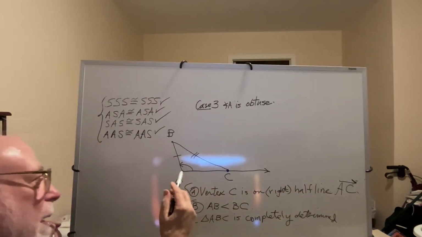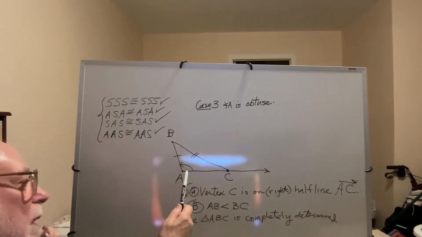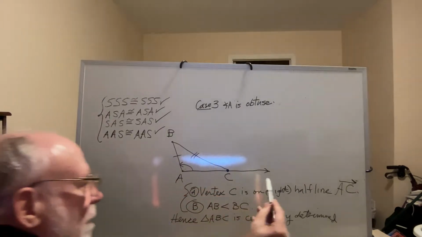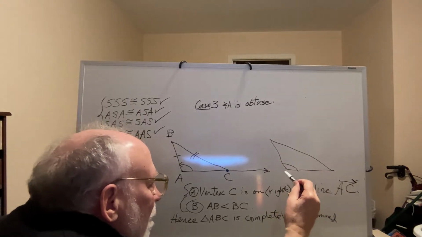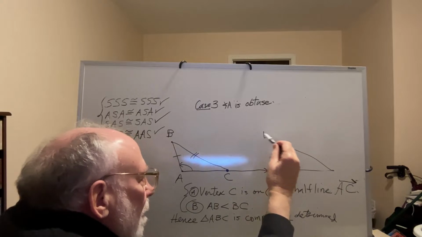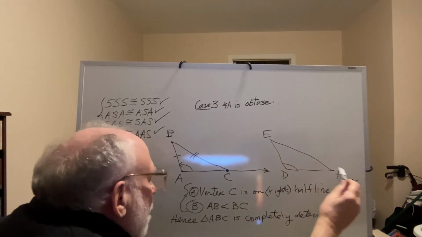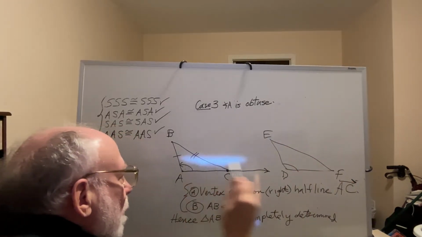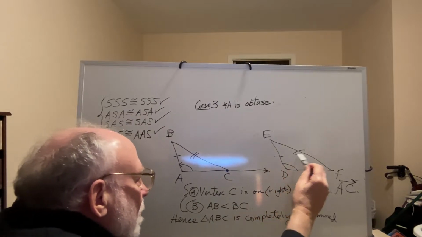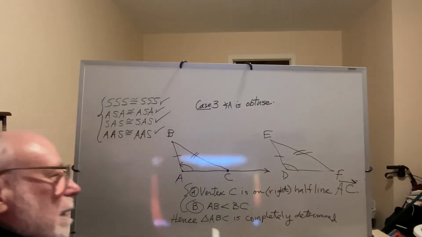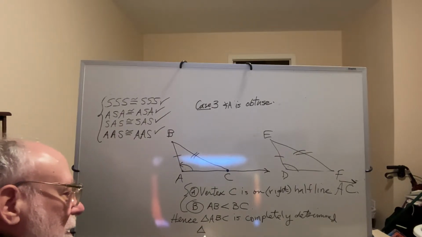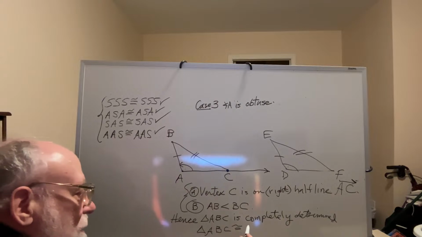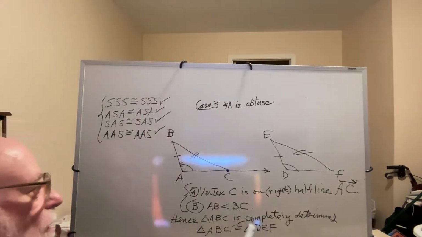And if you have a correspondence in this way, where you know angle A and the other angle in the other triangle, when you know that these angles correspond and these sides correspond and the angles are obtuse, this congruence is valid because there's no ambiguity there.